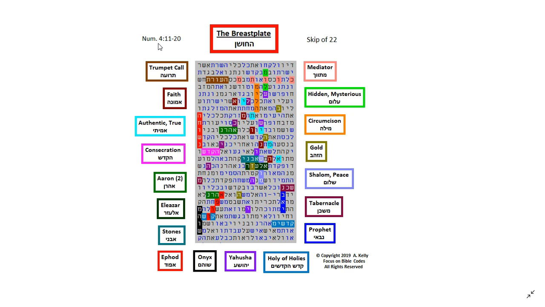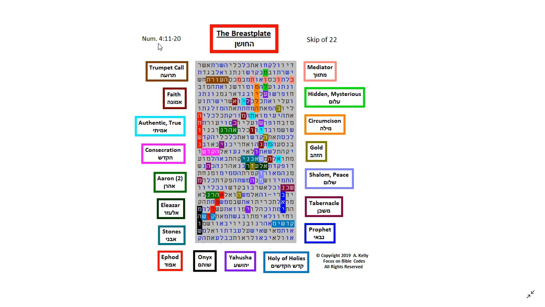They were the ones that were to look after and carry the most holy items in the tabernacle. Now they weren't to look at these things, they were to be covered up by the high priest before they carried them, but they were responsible to carry the most holy things.